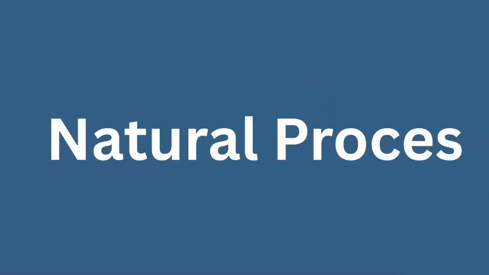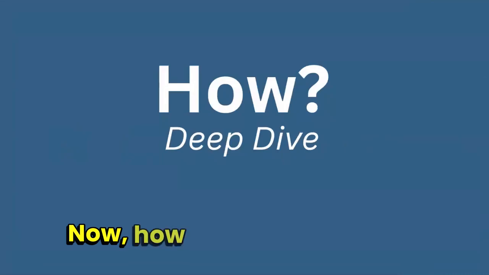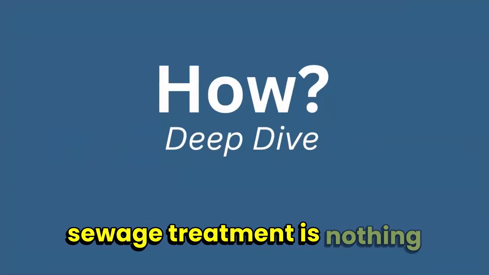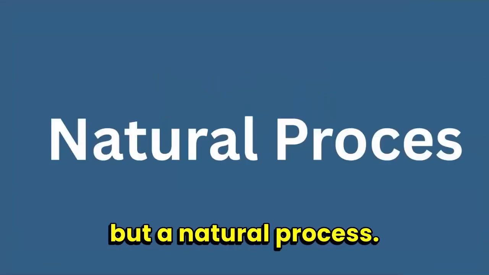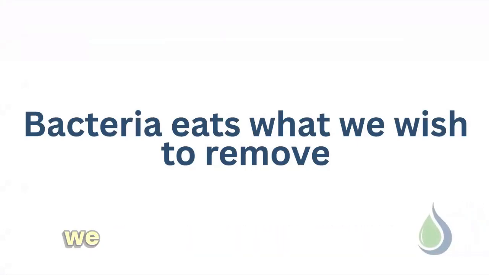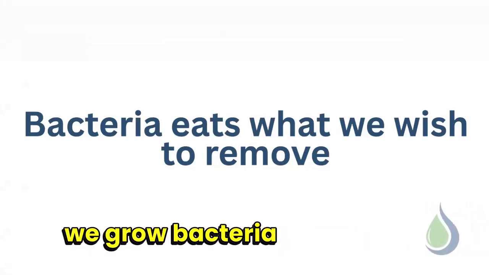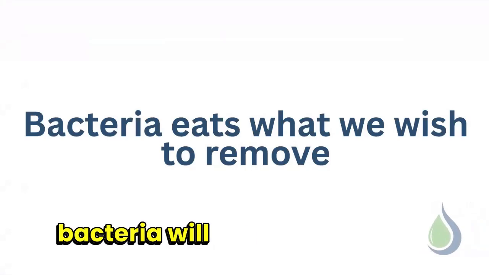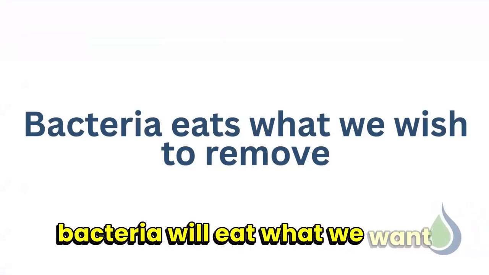All right. Now, how is sewage treated? We discussed previously, sewage treatment is nothing but a natural process. A natural process means we grow bacteria so that bacteria will eat what we want to remove from water.